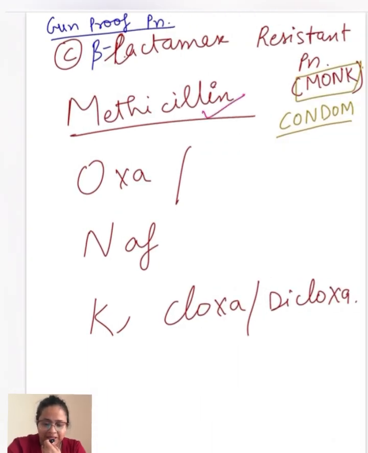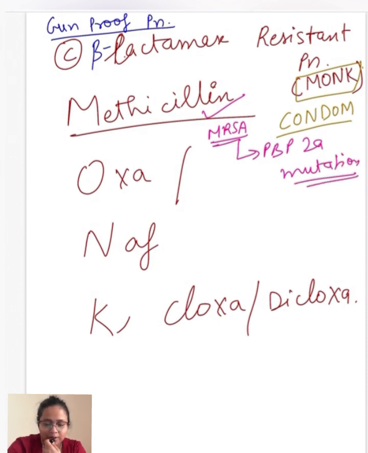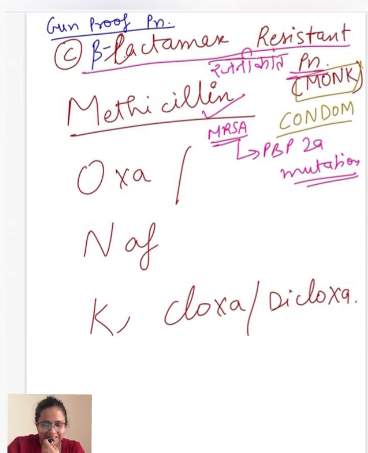Before that, methicillin sensitive Staph aureus is there, so beta lactamase resistant penicillins are there. So the group like oxacillin, cloxacillin, nafcillin and methicillin are gun-proof penicillins. If bacteria has a gun, either we can have a gun-proof jacket with the penicillin, or the penicillin itself is gun-proof, like a Rajnikant penicillin.